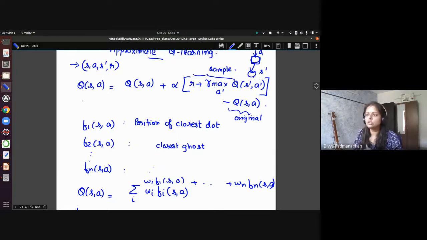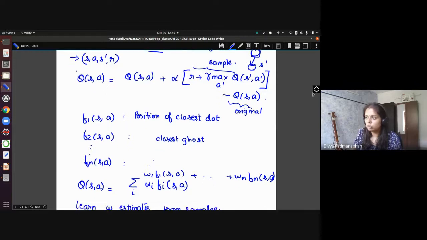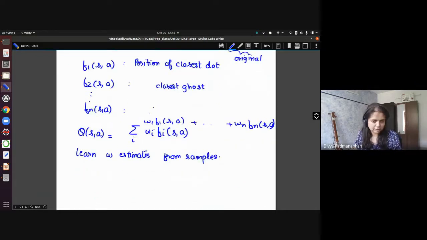But you're not going to maintain a Q(S,A); instead, you're going to maintain these w's. You're going to keep a set of weights w1 up to wn, and each time you see a sample, you're going to somehow update these weights. So no more explicit Q values are going to be stored.